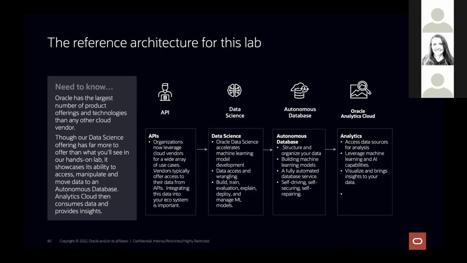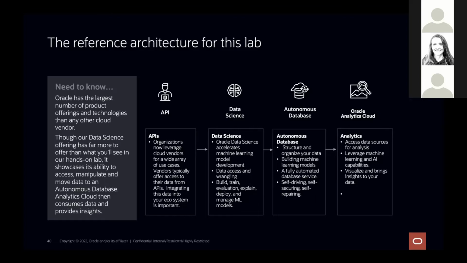Now, to get everything into the cloud, we're using OCI Data Science. OCI Data Science is essentially a Jupyter notebook environment that's used to help people collaborate and design data science applications.